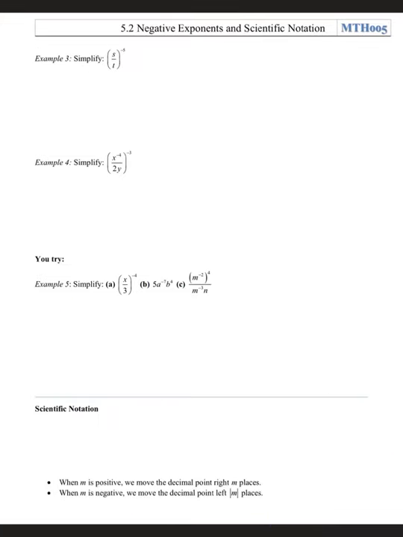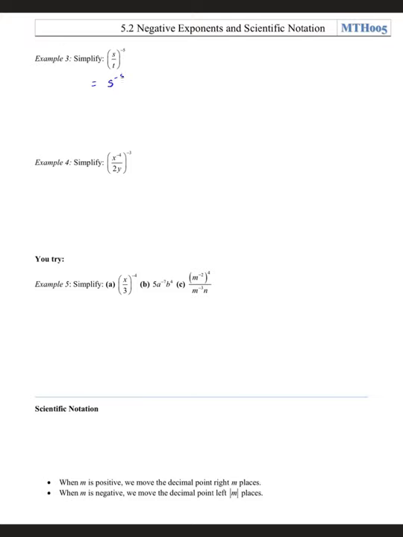We're going to continue simplifying these. So here we have simplify s over t, all to the negative fifth power. There's a couple ways you could work through this problem. One of the ways we could do this is distribute that negative 5 to each of those exponents, like we did in the previous sections when we had a quotient like this.